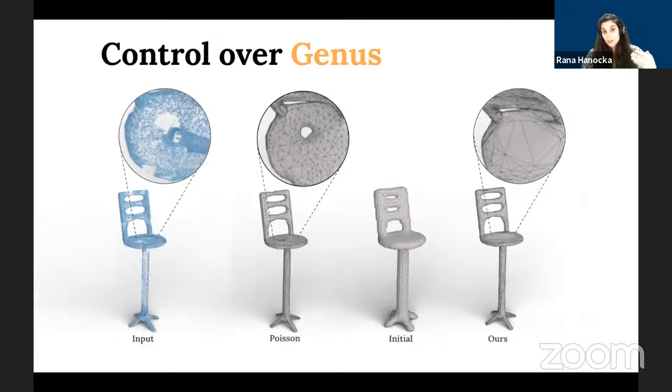I mentioned before that we can provide a non-zero genus input to our method. Here's an example of that. In this example, Poisson reconstructs a surface with incorrect topological holes. We can apply a low resolution octree to close these incorrect topological holes, and this creates a coarse mesh, which is used as the initial mesh in our technique.